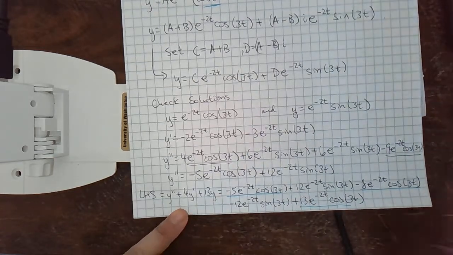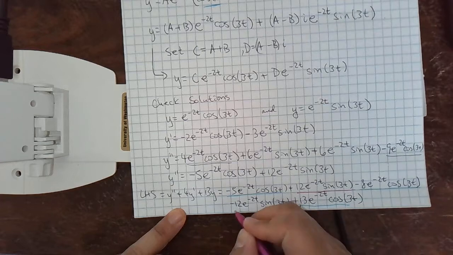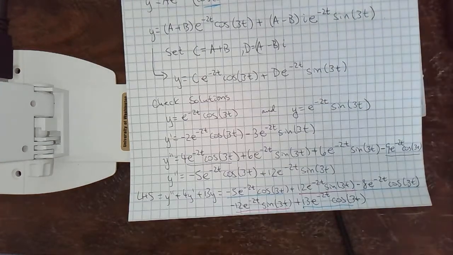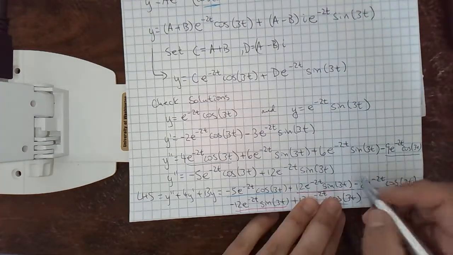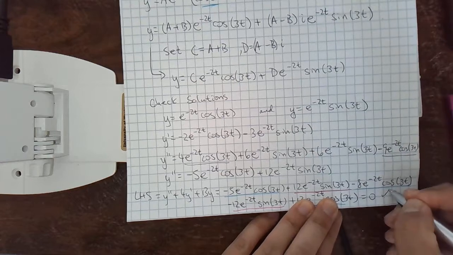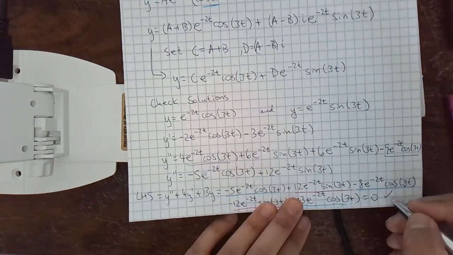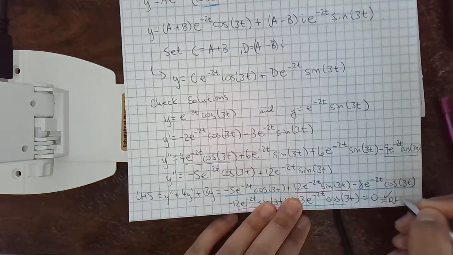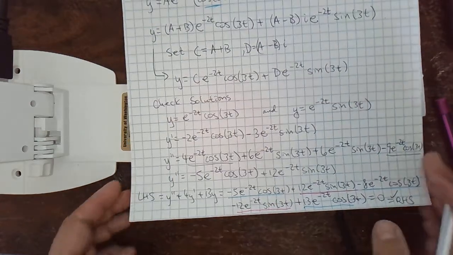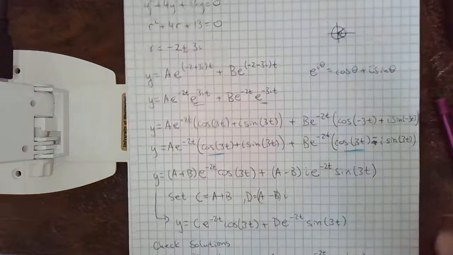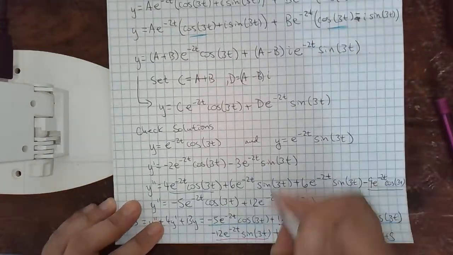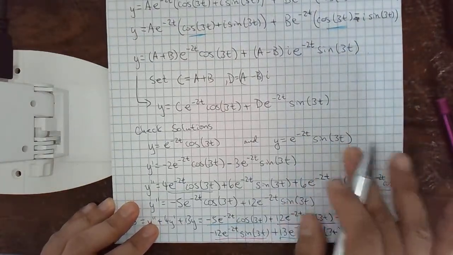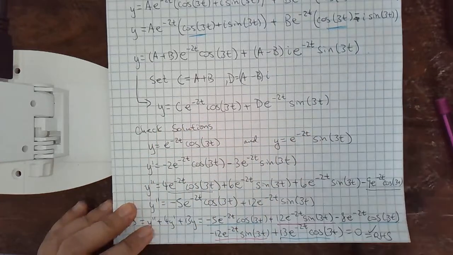And then for the sine ones, we get a plus 12 and a negative 12. So that's also 0. So this does equal 0, which equals the right-hand side. So that's good. So this solution satisfies this initial differential equation. If you're still suspicious, check this other one too, and then you should be convinced that this whole thing works.